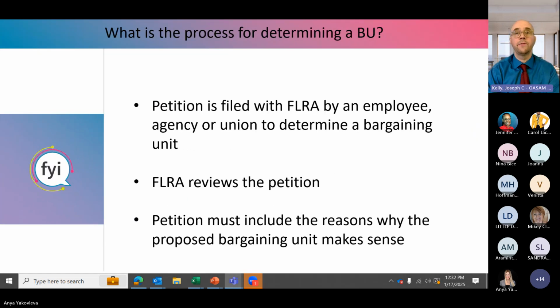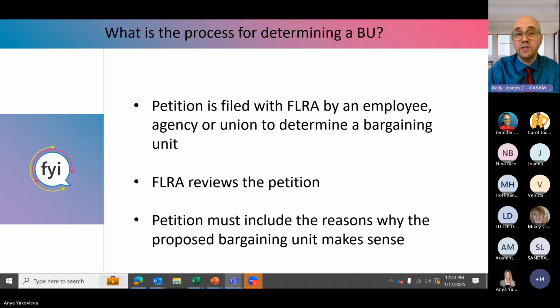So what is the process for determining a BU at the FLRA? So the party that is seeking to resolve a dispute over what the correct bargaining unit should be files a petition with the FLRA.